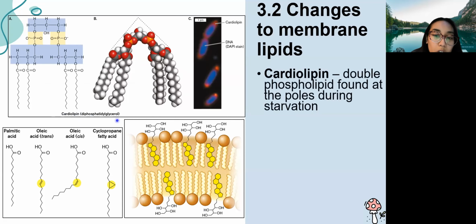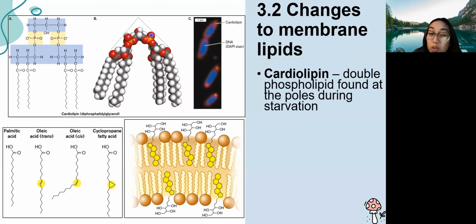This is the long version of the name, but you can just call it cardiolipin because I can't even pronounce that. Cardiolipin is a double phospholipid. So instead of one head and two fatty acids, it's like two heads stuck together, and then there are four fatty acids total.